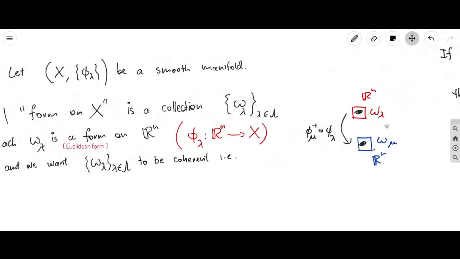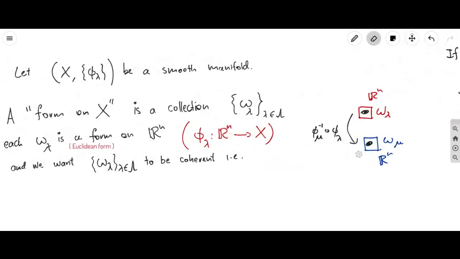So the idea here is omega mu is defined on all of Rn, but it's certainly defined on this open subset. And because you have a mapping like this, the pullback operation will transfer over that form to a form on the other open set. And we want them to be coherent with each other.